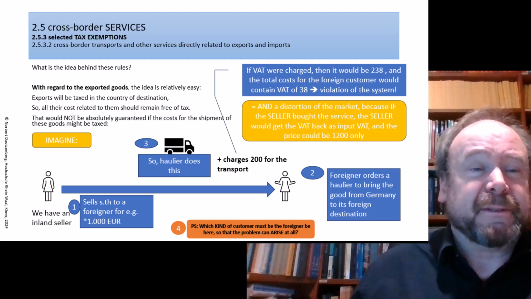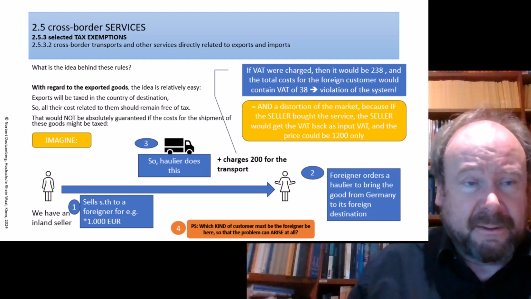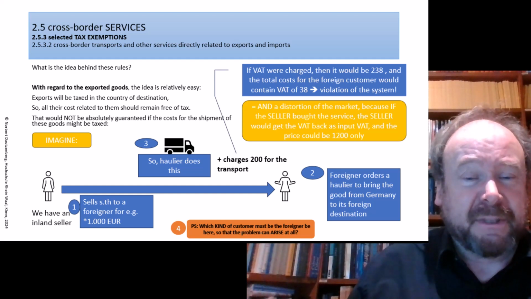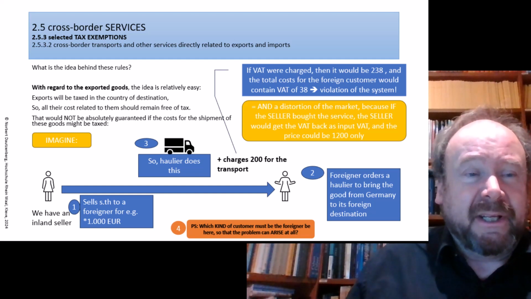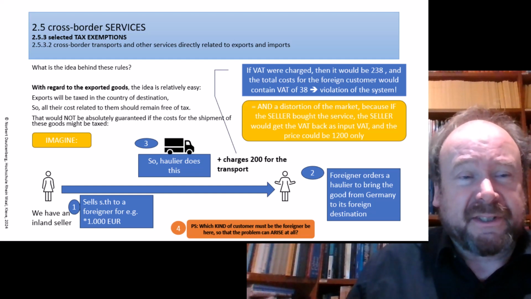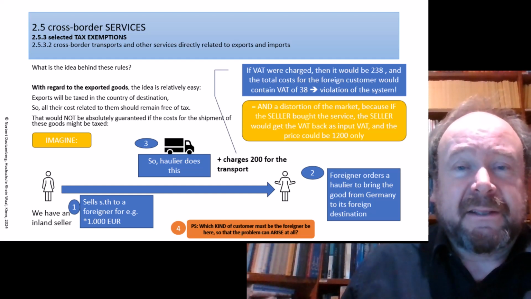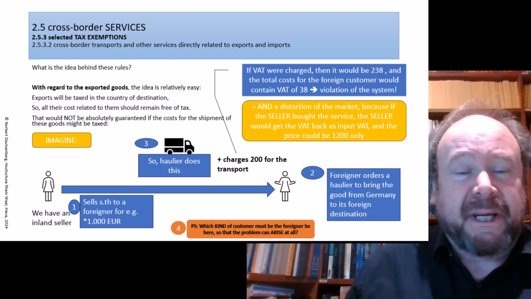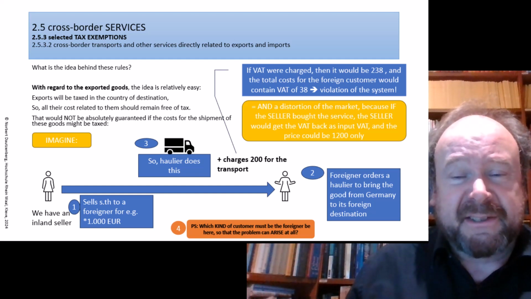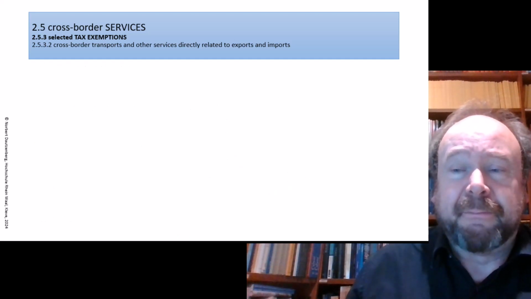So transport would be free of tax already at the level of taxability. So only if we have a customer for whom that rule does not apply, there we have the problem at all. So basically a private customer who orders the transport.